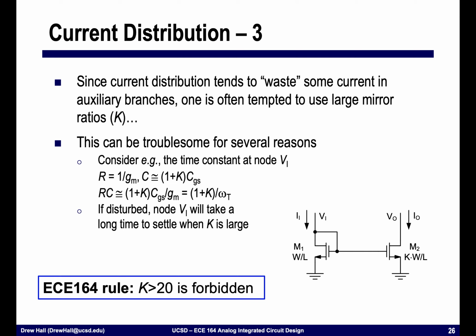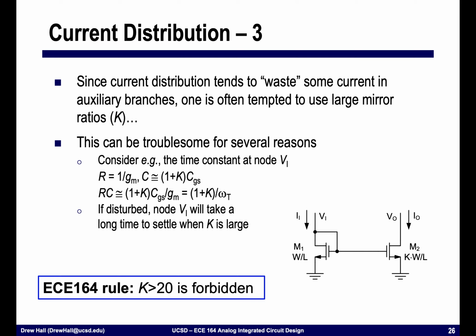Oftentimes you'll see people say that this idea of distributing the current wastes power, or wastes current in these auxiliary branches. And so you could be tempted to want to use very large mirror ratios. When I talk about large, I mean mirror ratios of 100. This is almost always a very, very, very bad idea for the following reasons.